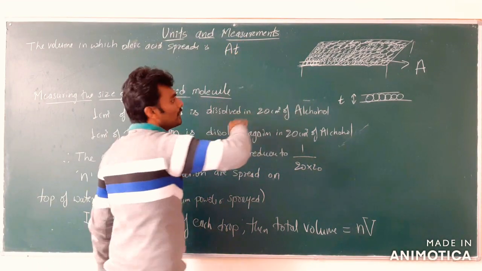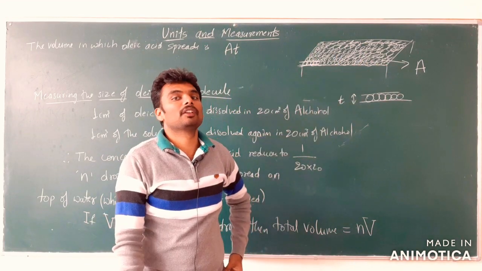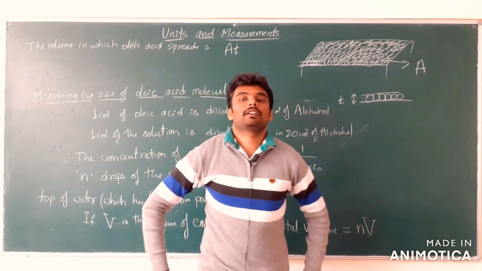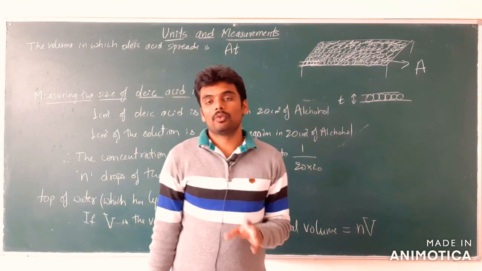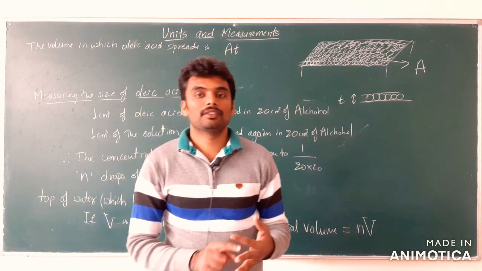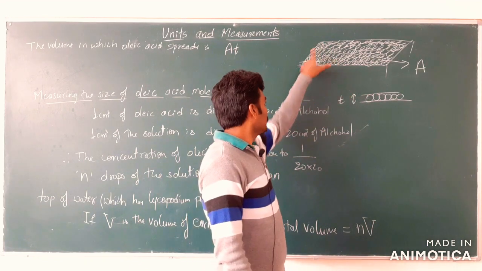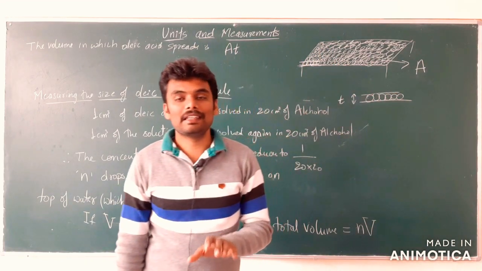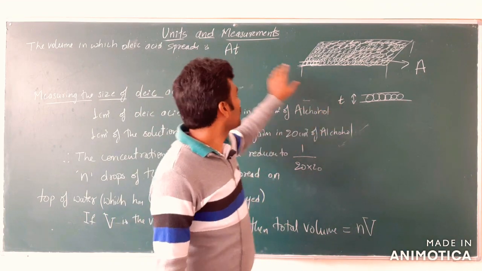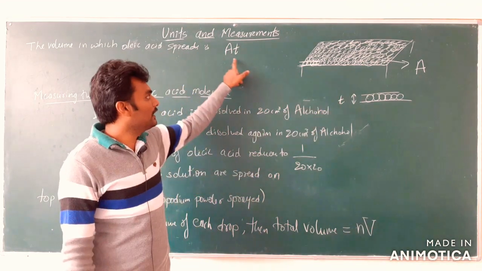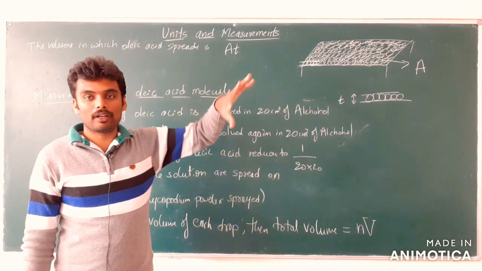The total volume in which the oleic acid spreads is always area into thickness, because you see it is somewhat like a cuboid. So, volume of a cuboid is length into breadth into height. This height itself is the thickness. Length into breadth is taken as area directly. Okay. So, area into thickness will give me the total volume. Okay. A into T is the total volume spread.